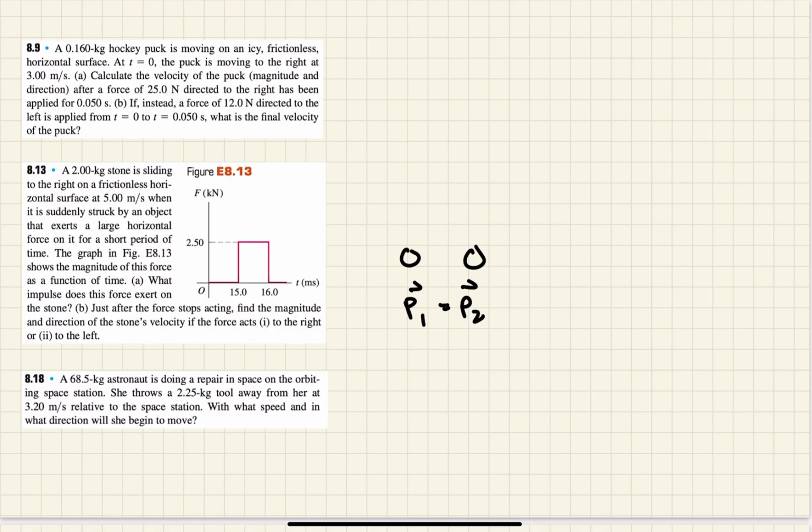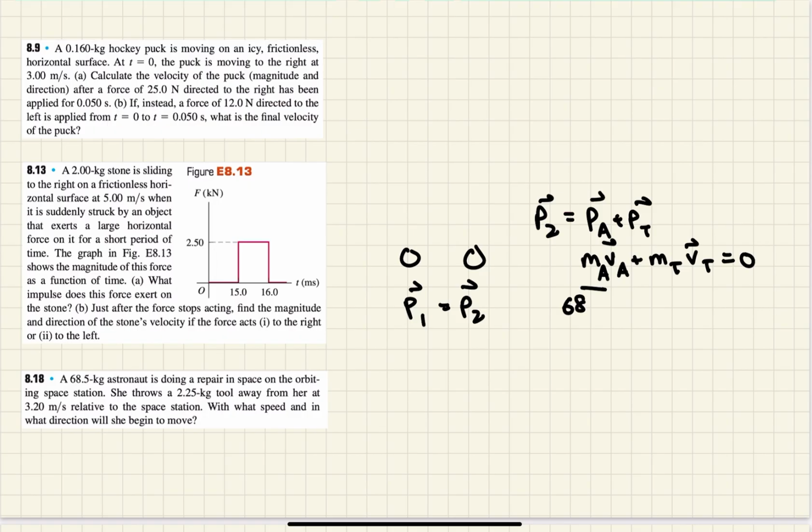Like I mentioned before, you could have 0 momentum with non-zero components. And so you can just write P2 as PA for the astronaut and PT for the tool. PA for the astronaut is M astronaut times V astronaut plus M tool times V tool. And we know that's going to be equal to 0 because of our conservation of momentum.